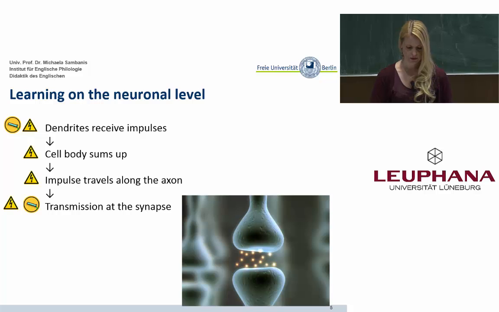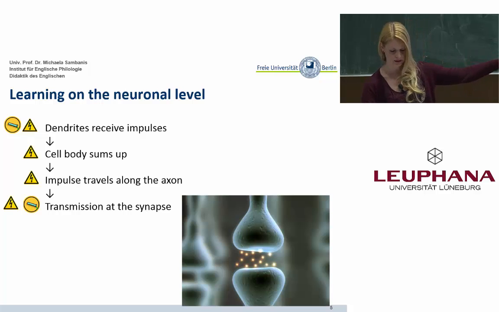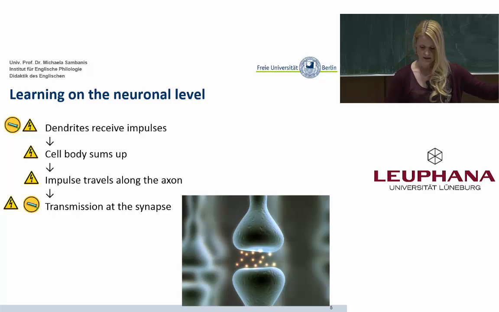So neuron number 1, our neuron here in the model, has to convert the electrical impulse into a chemical one. And this is exactly what you can see in the picture at the synapse. These are so-called neurotransmitters, so-called vesicles, you could also say little bubbles, that diffuse across the gap between the neurons.